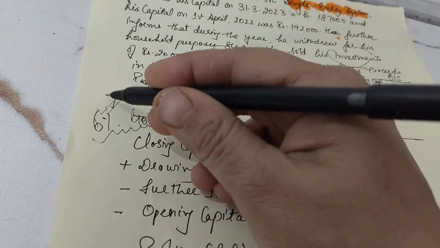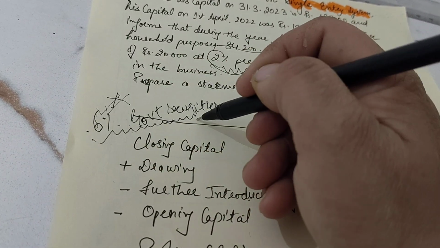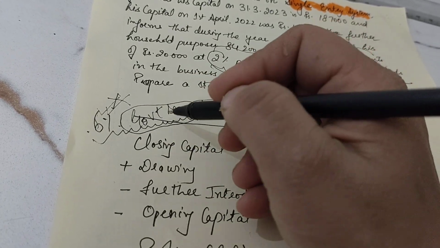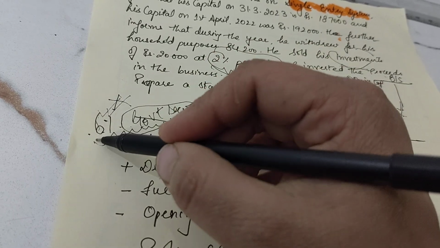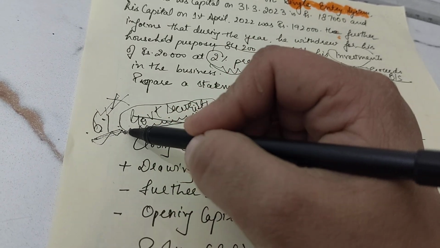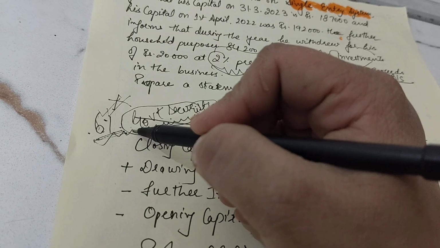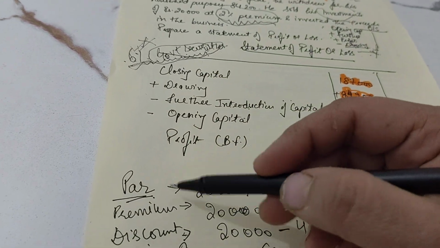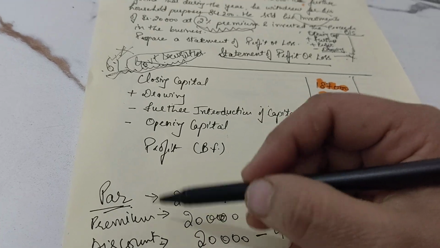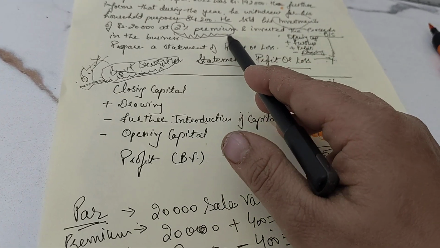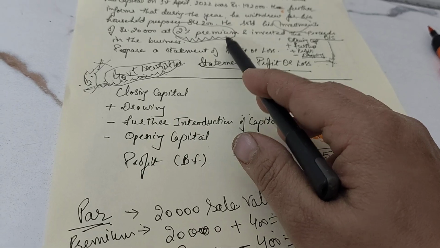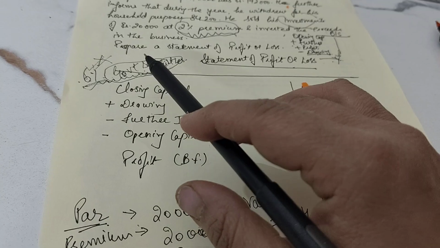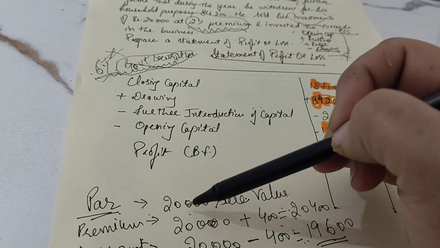You have nothing to do with this 6%, which is part of the name given to you. If there is a percentage written in front of that name, you won't use that percentage for the calculation. For the calculation you would be given clear information such as at 2% premium or at 2% discount, but for the name of the securities you will not do any conversion, right?